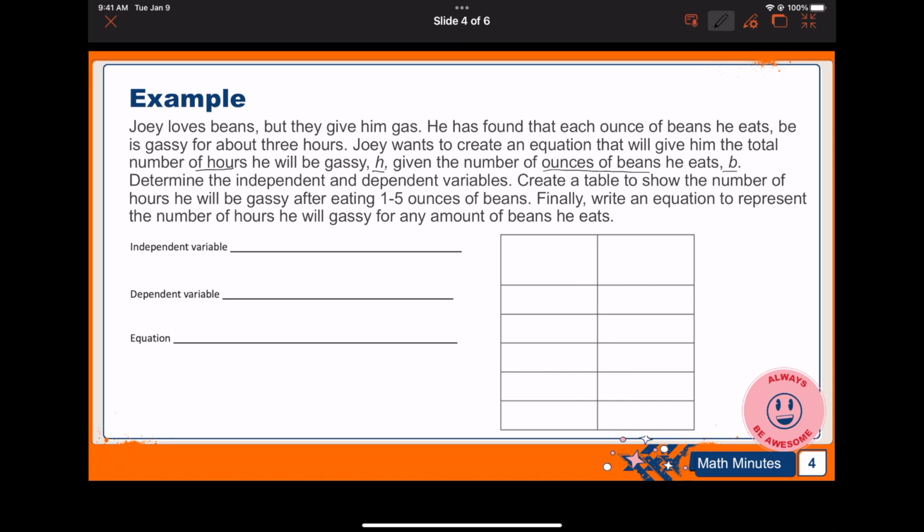All right, in this situation, the thing that makes him gassy is the beans, how many ounces of beans he eats. So that's going to be our independent variable. That's the cause here. So our independent variable will be B, which is the ounces of beans that he eats.